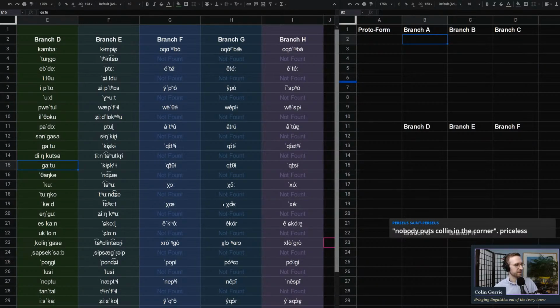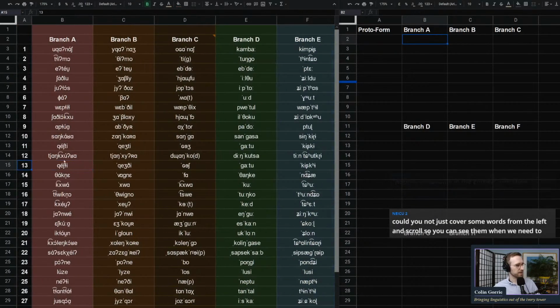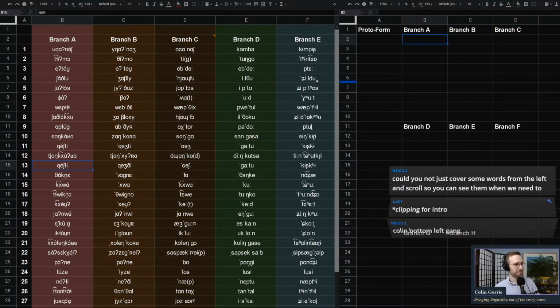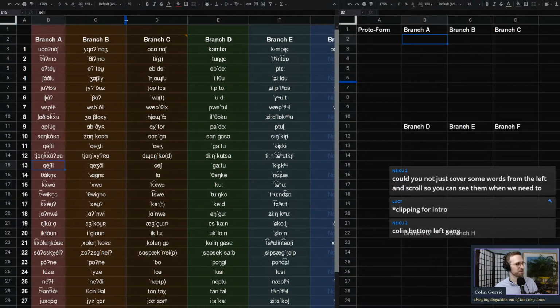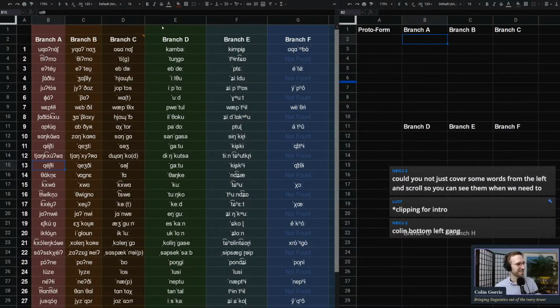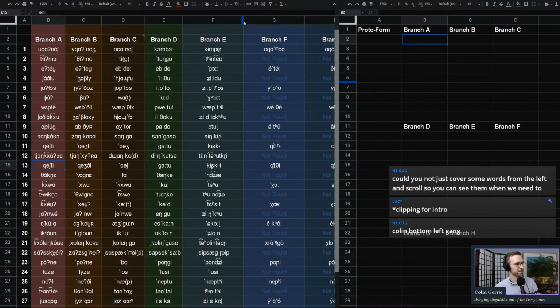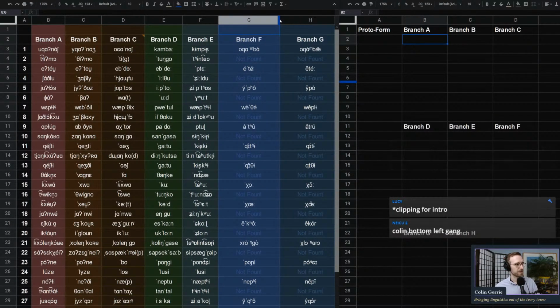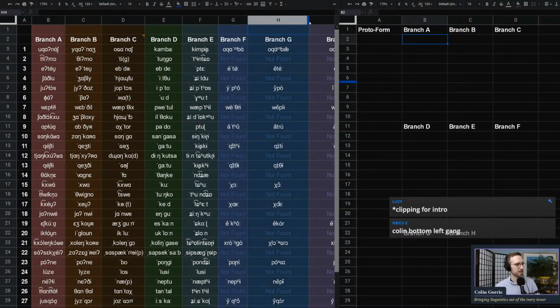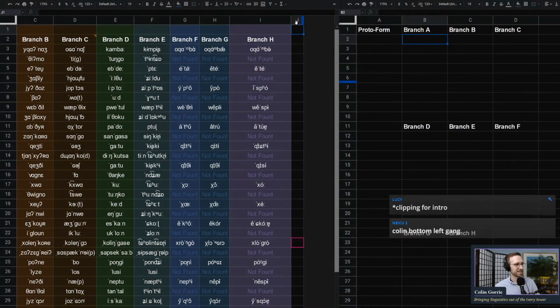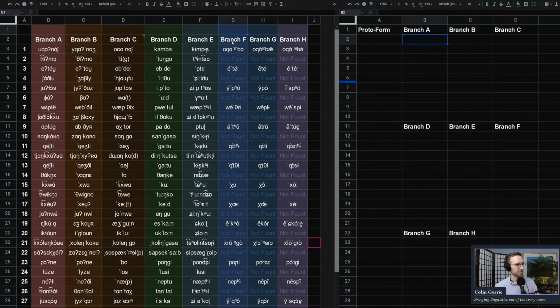Okay, I'm not sure how we're going to do this with this amount of real estate. I may have to shrink some columns maybe. Ah, there we go. That's what I'm talking about. Okay. F, G. Can we fit them all? H. Great. Okay. This is good.